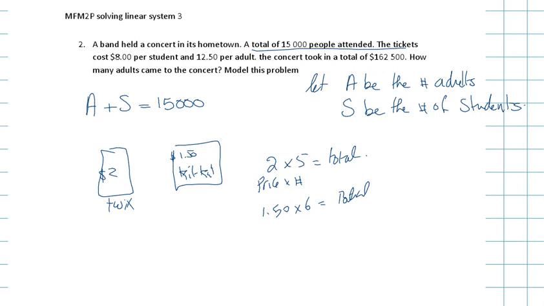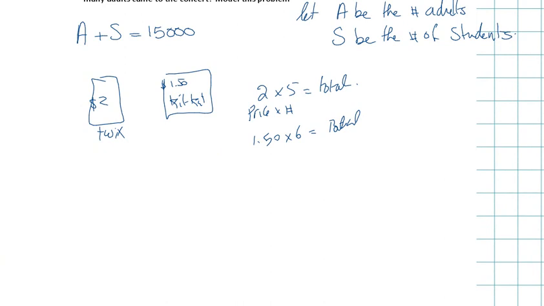Let's say we don't know how many Twix you bought. You bought X number of Twix, and you bought Y number of Kit Kats. Then you're gonna have to add the total. But look what's happening. You're multiplying the price by the number of Twix and the price by the number of Kit Kats to get the total.